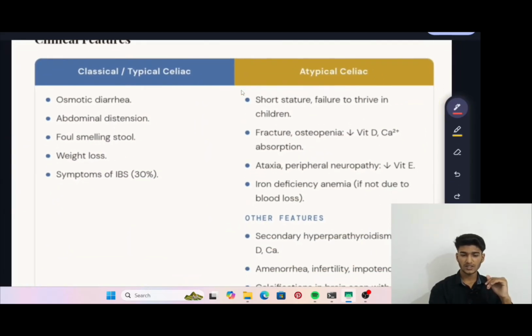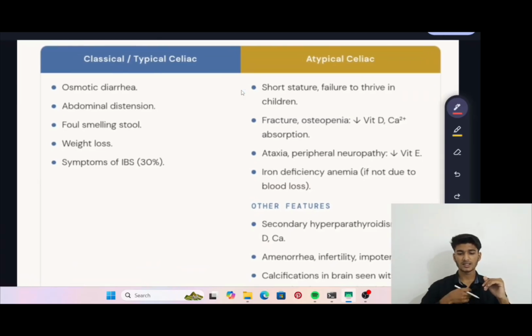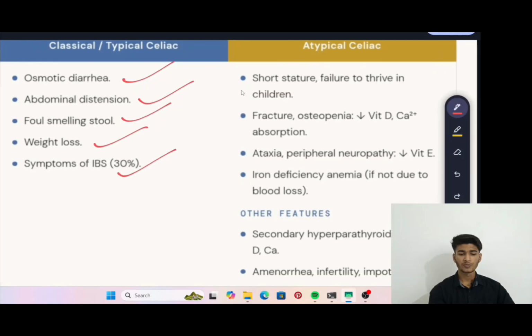Then there are clinical features of typical celiac disease and atypical celiac disease. In typical or classical celiac disease, it will mimic the symptoms of malabsorption. First of all, it will cause osmotic diarrhea. Second, abdominal distension. Third, foul smell. Fourth, weight loss and irritable bowel syndrome.